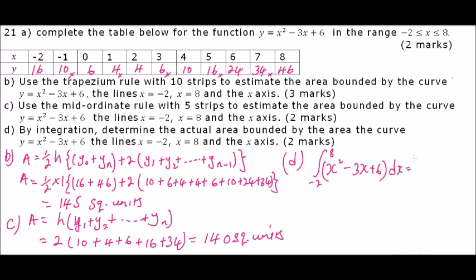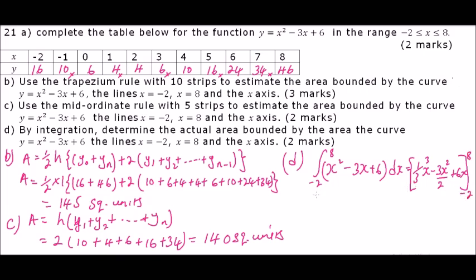This should give you x cubed over 3, and then minus. When we integrate this, it will be 3x squared divided by 2, and we have plus 6x. We close the bracket. Our limits are minus 2 and 8.